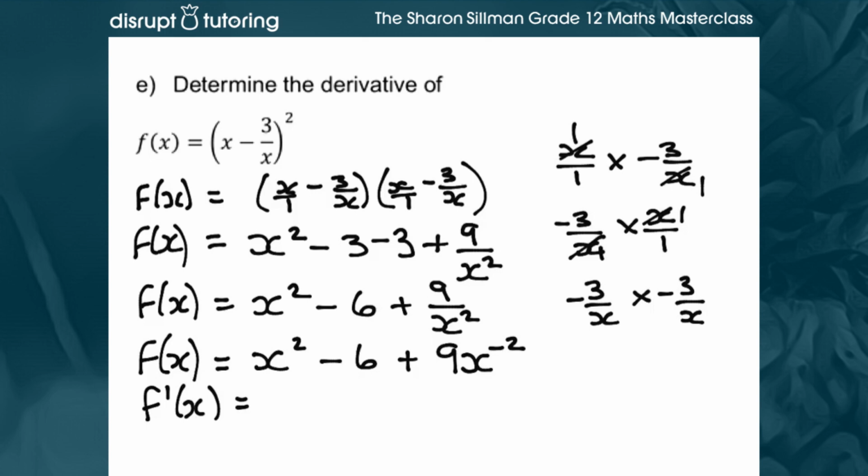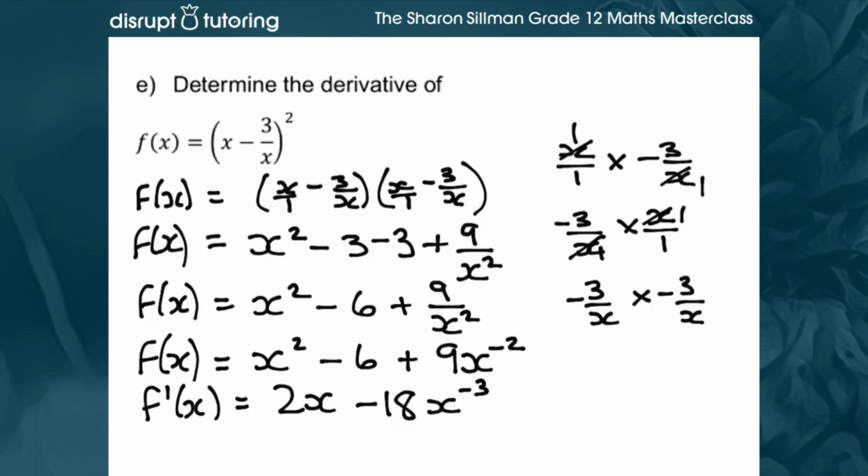Exponent multiplied by coefficient, so 2 multiplied by 1, and drop the exponent by 1. Note the constant in the middle. Remember what the gradient of a constant function is? The y equals negative 6, it would be 0, so there's no term going there. So now I'm focusing on the third term. Negative 2 multiplied by positive 9 is negative 18.